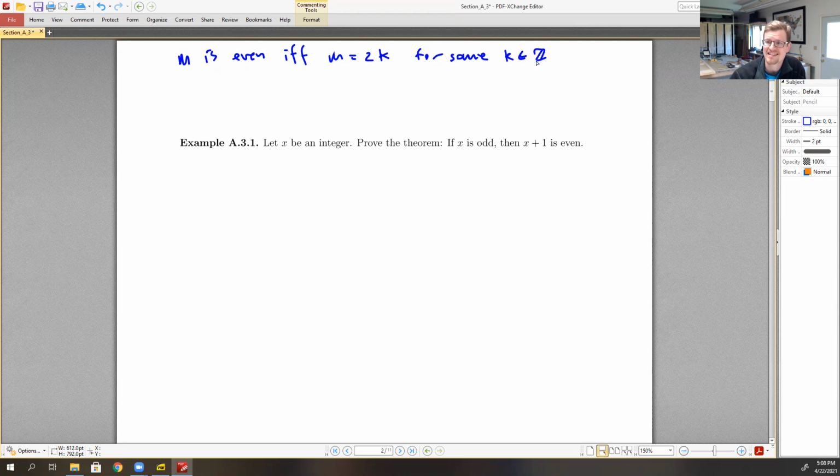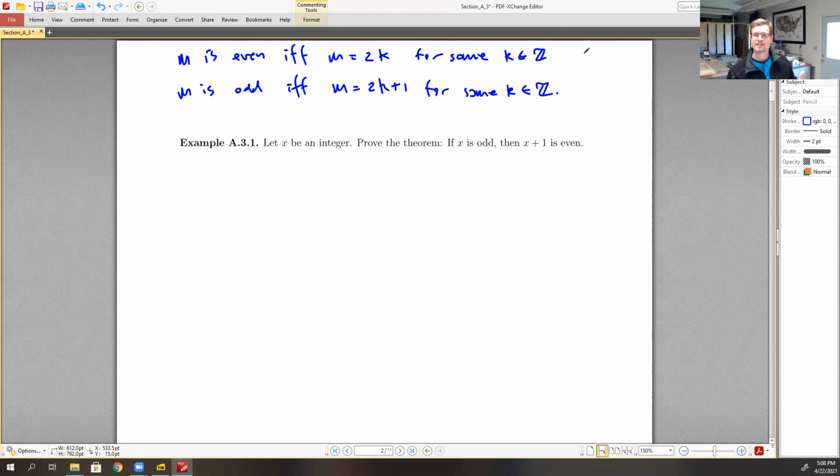Z is the set of integers. So m is even if and only if m can be written as 2k for some k belonging to the integers. We can also say that m is odd if and only if m can be written as 2k plus 1 for some integer k.